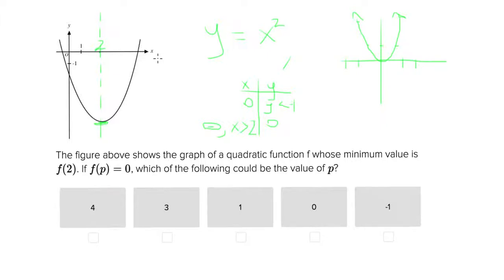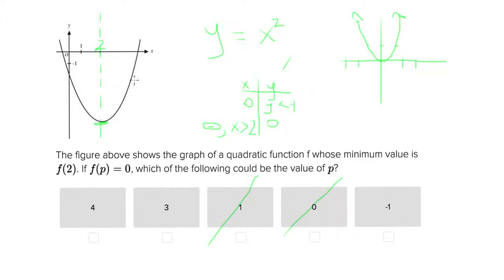Okay, and we're trying to figure out when the y value is 0, which of the following could be the value of p. So we know that whatever positive value it is, it must be a value greater than 2. So it cannot be 1. And we see that when y is 0, x is not 0, so it can't be 0 either.